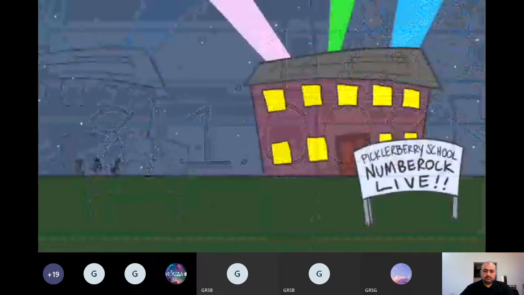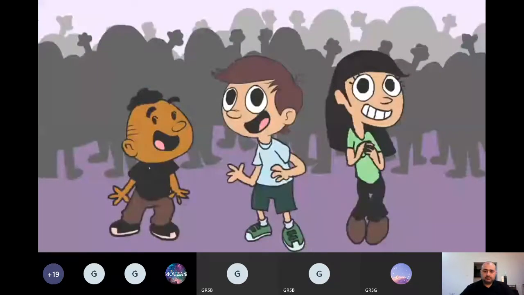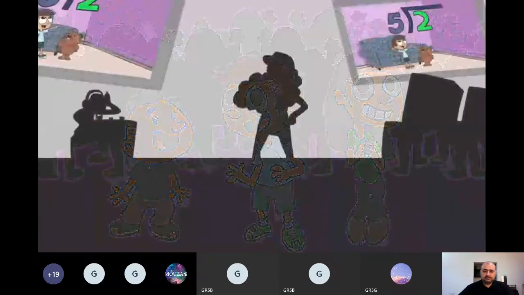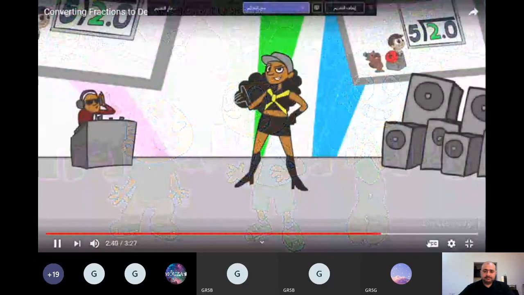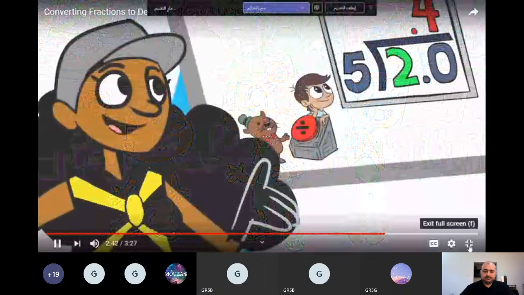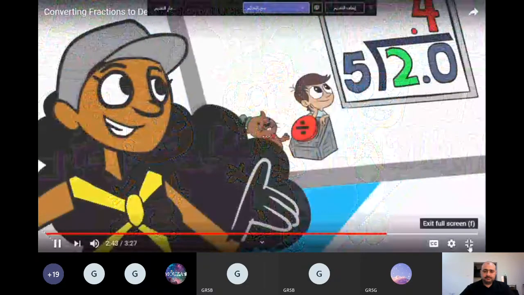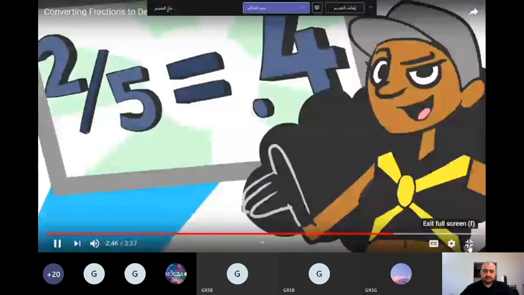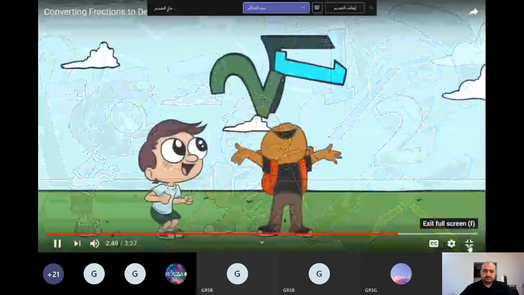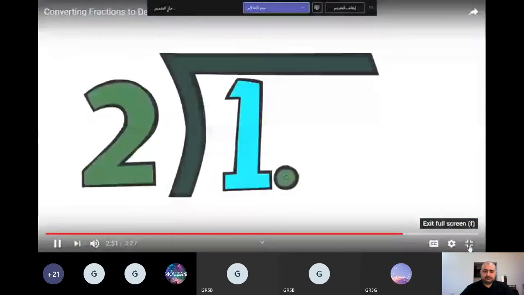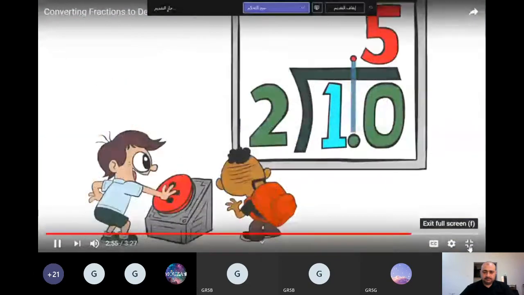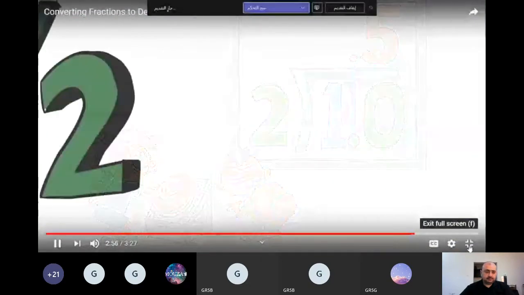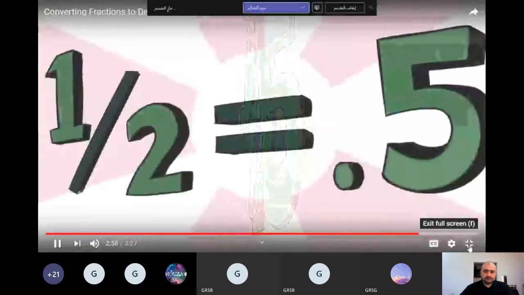We arrived just in time to see Number Rock live. The numerator becomes a dividend, and write a decimal point and a 0 in the tenth. Divide and write the decimal point in the quotient. So 2/5 and 4/10 are equivalent. The numerator becomes a dividend, and write a decimal point and a 0 in the tenth. Divide and write the decimal point in the quotient. So 1/2 and 5/10 are equivalent.